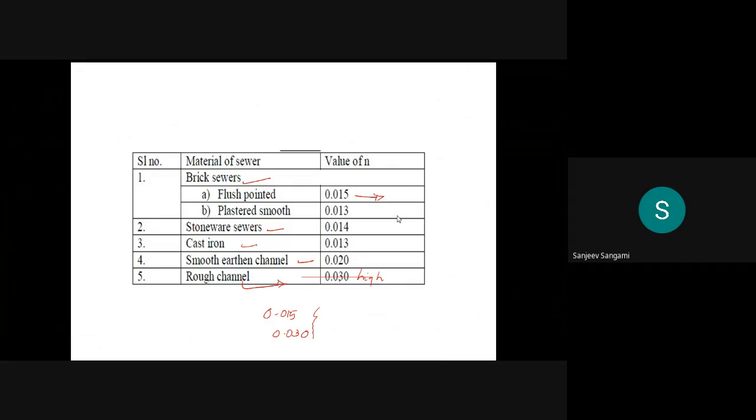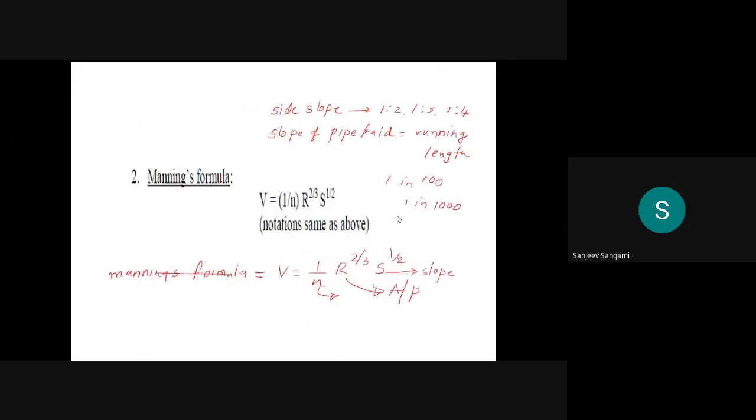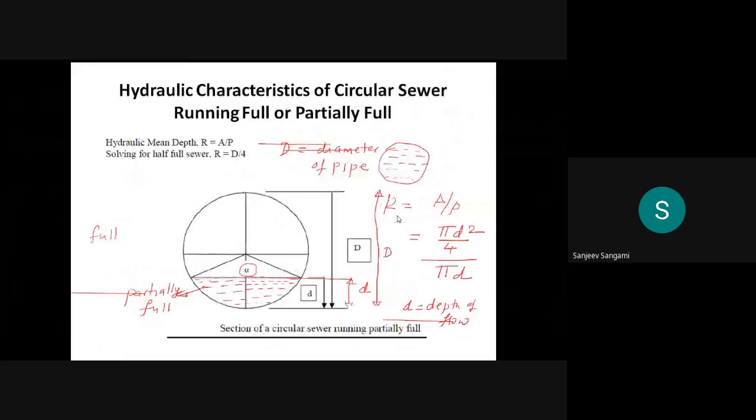Normally, the Shields equation is used to find the non-scouring velocity.